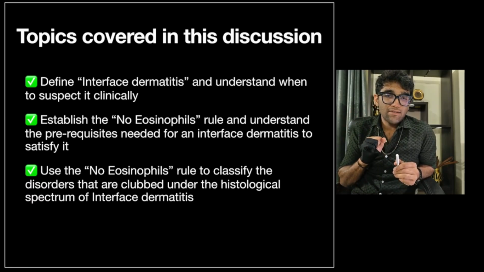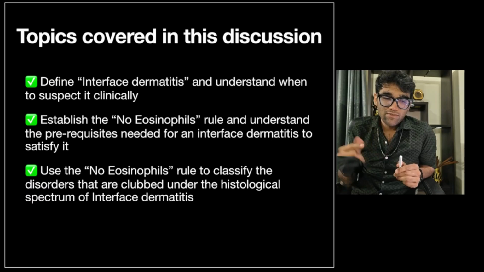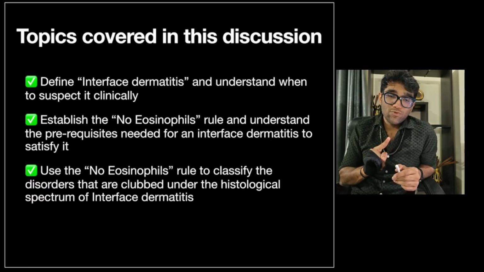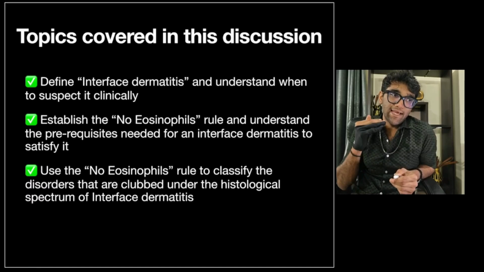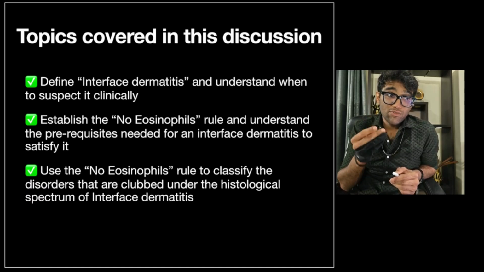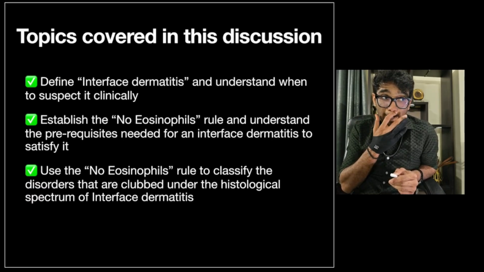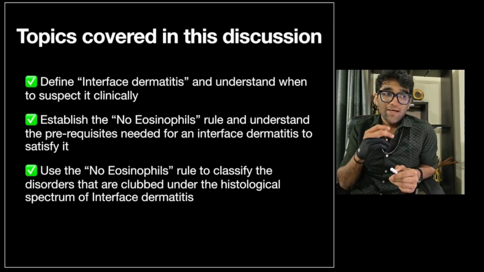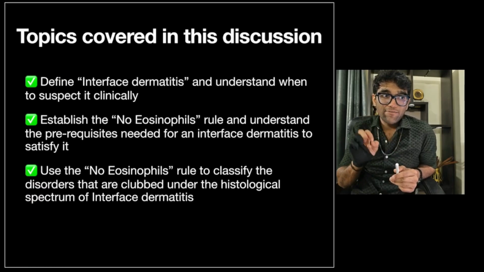This is primarily for 2 reasons. One is that lichenification is something you can pick up clinically. So if you have significant lichenification clinically and there are no eosinophils on the biopsy, or you have significant lichenification and there are eosinophils on the biopsy, that allows clear differentiation.